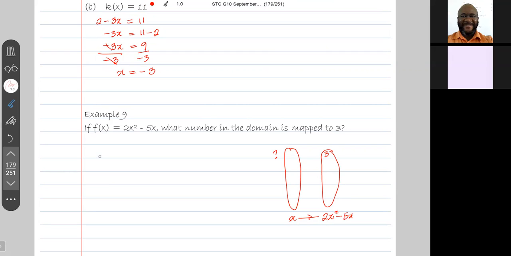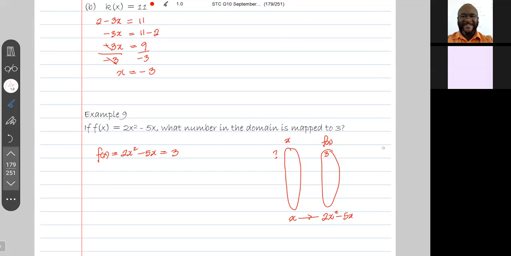So in other words, f of x, which is 2x squared minus 5x, is equal to 3. We want to find out the value of x that is going to cause f of x, because over here is f of x and over here is x.